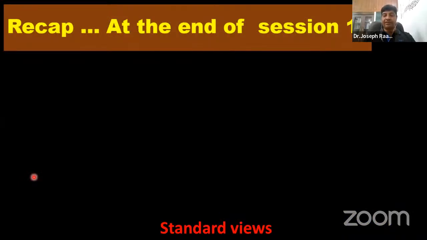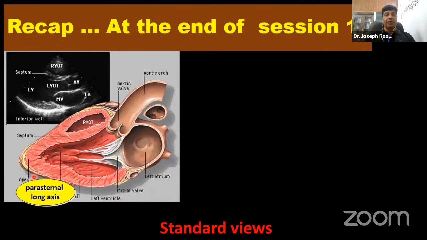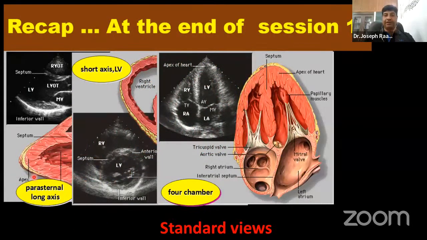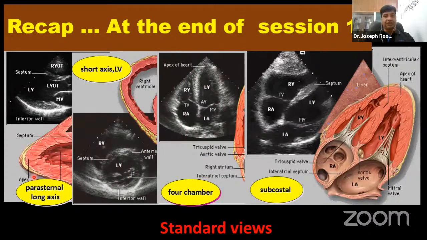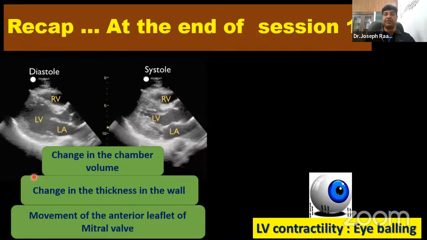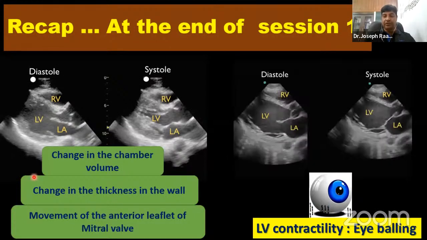In the last session we saw how to image the heart, what we mean by different windows, and in each window what structures you are going to see and the importance of those structures. At the end, we saw how to analyze the systolic function, the advantages of the eyeballing technique in the assessment of systolic function. This is what we have seen in the first session.